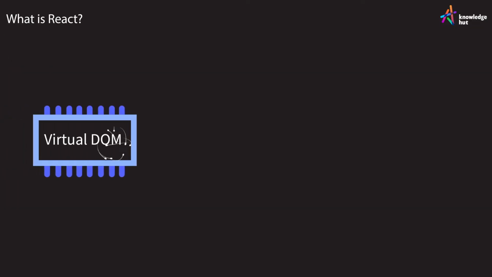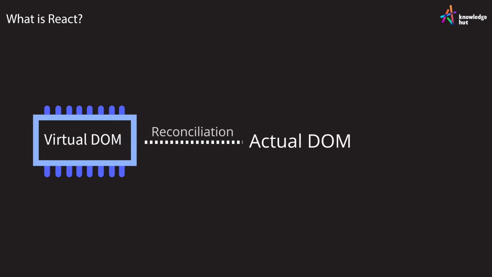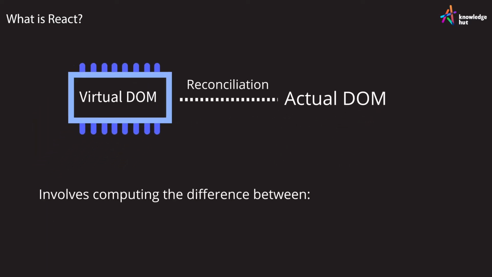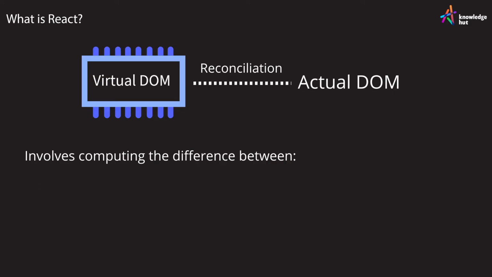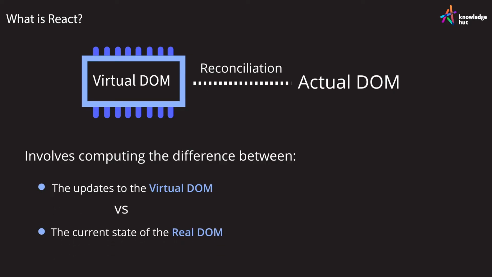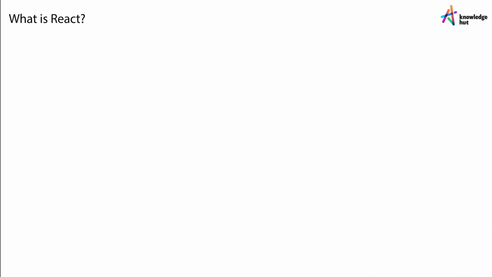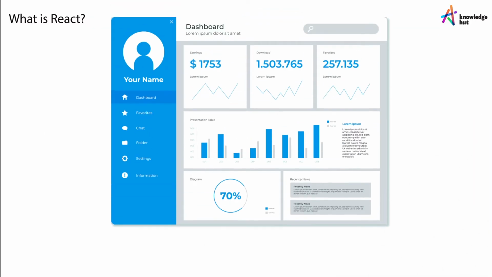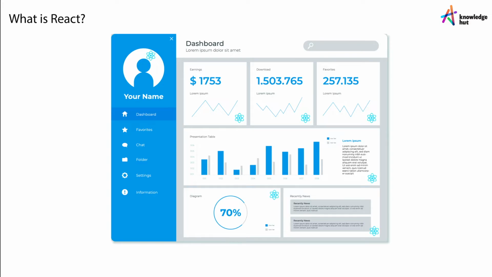This in-memory representation is then kept in sync with the actual DOM in a process called reconciliation, which involves computing the difference between the updates to the virtual DOM and the current state of the real DOM. This helps React find parts of the UI that actually need an update.